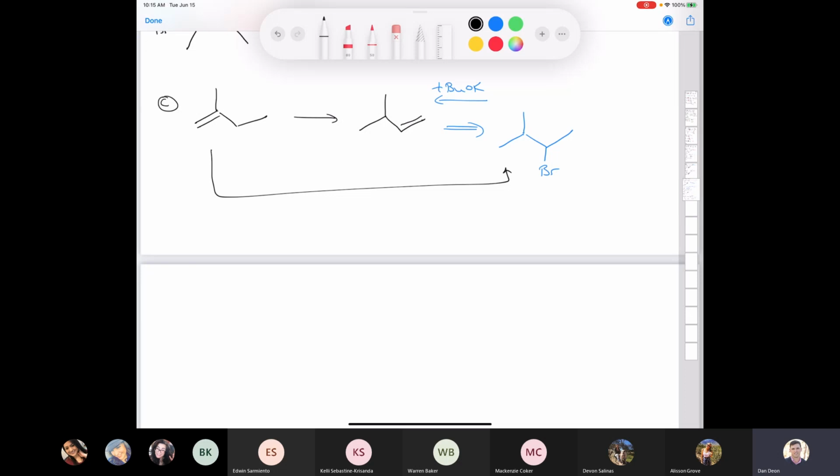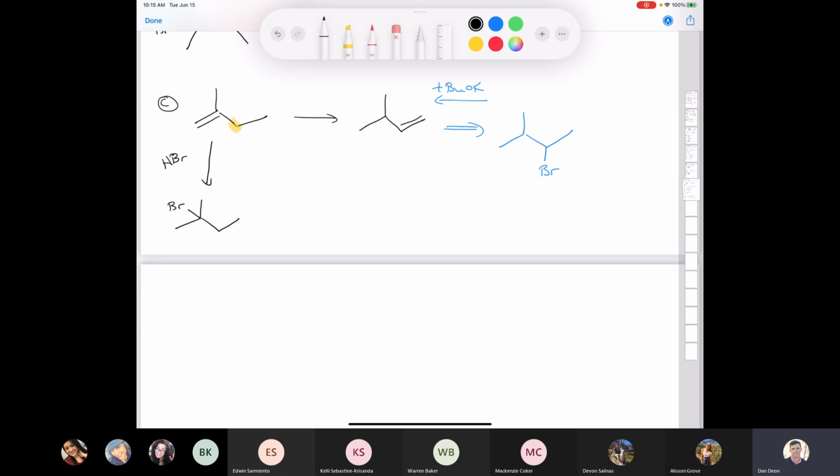I need to move the bromine to this carbon right here. I need to put my bromine here. If I just do a Markovnikov addition of HBr, that's not going to put the bromine in the right spot, is it? That would give me this compound where the bromine is here.